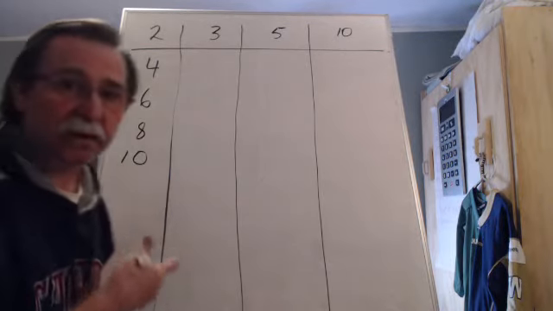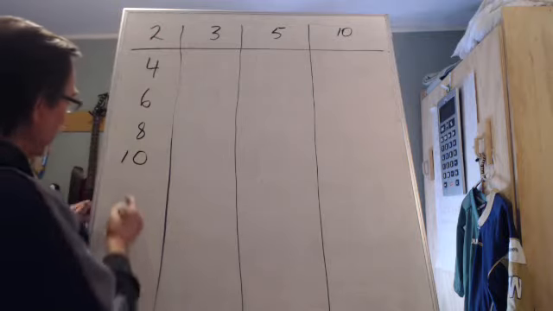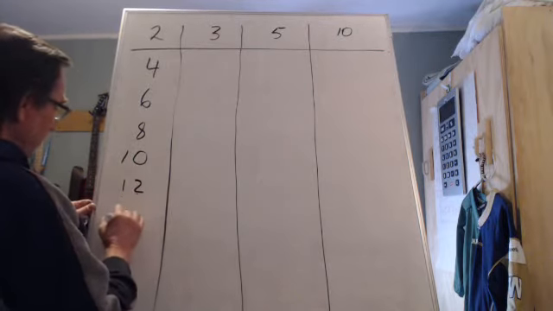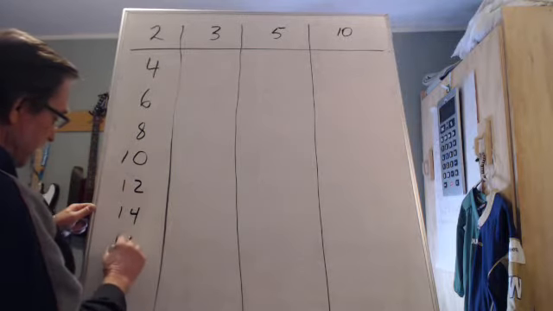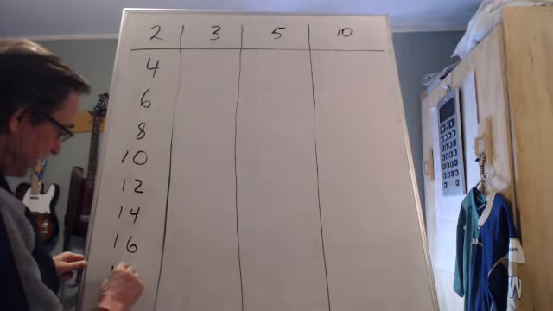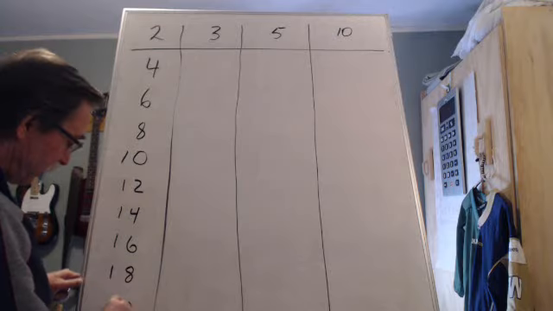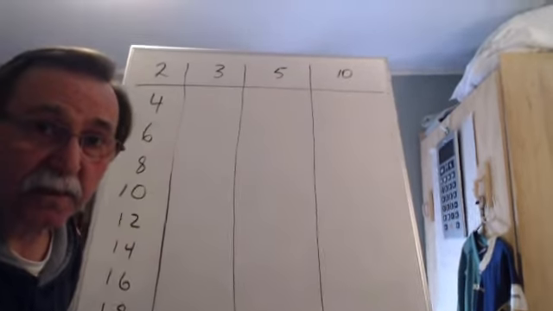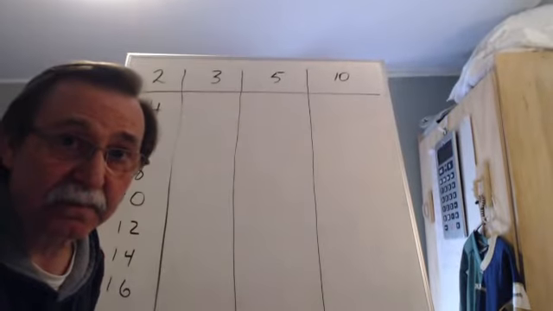I think we've all counted by 2s before. Let's keep going. 12, 14, 16, 18, 20. It's all we need. I just want to make sure everything is in there.